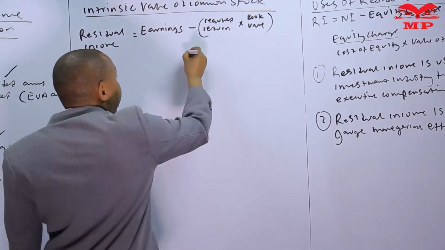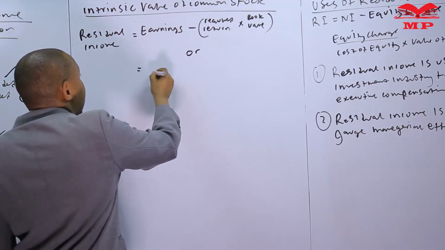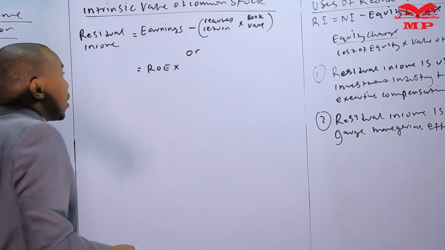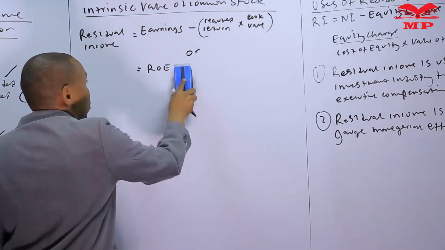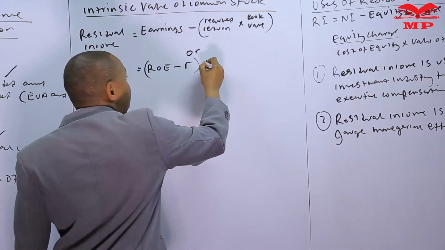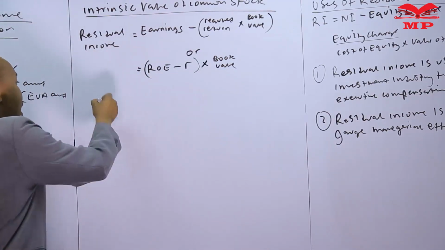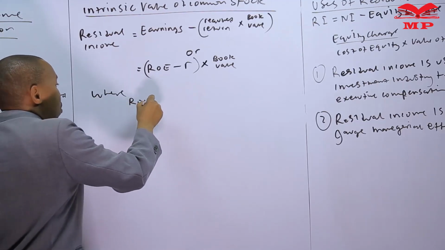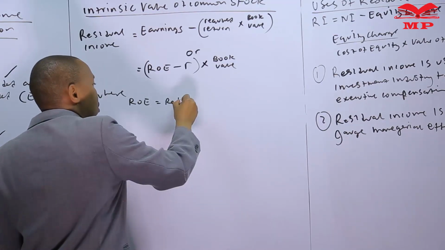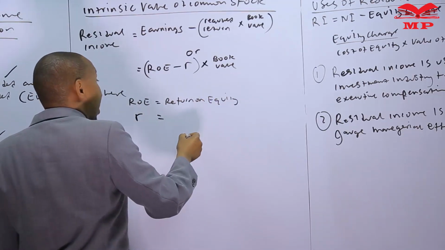As well, we can also get the residual income if we have the required return on equity by trying to get the ROE, less the required return, and then we multiply by the book value, where ROE is return on equity, and R is the required return.